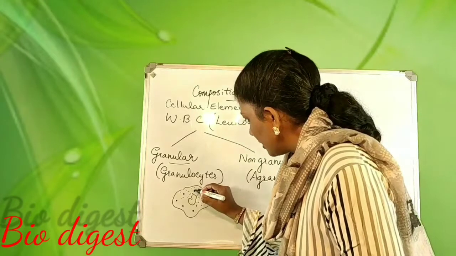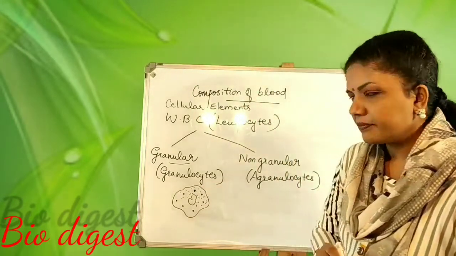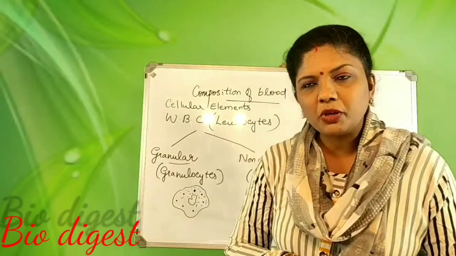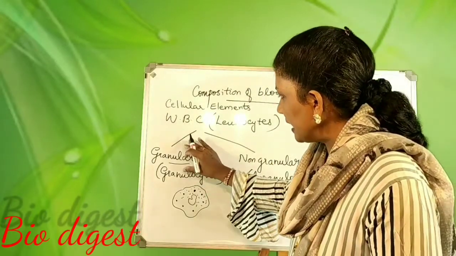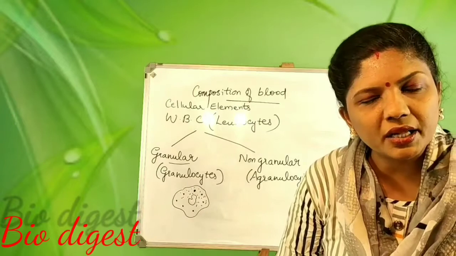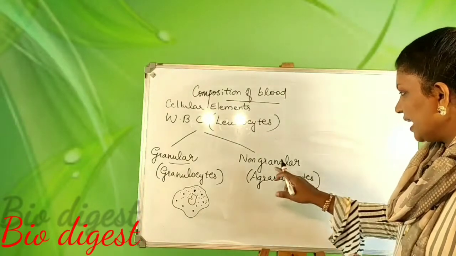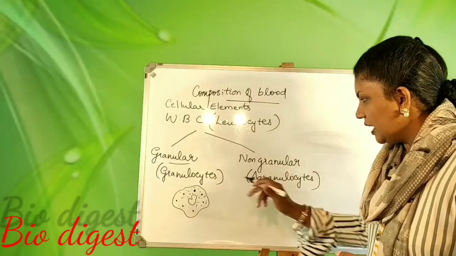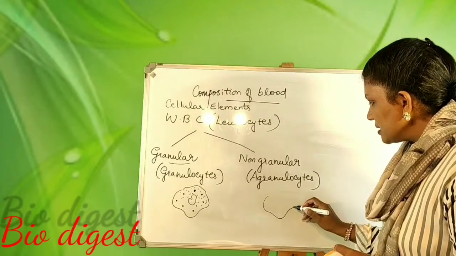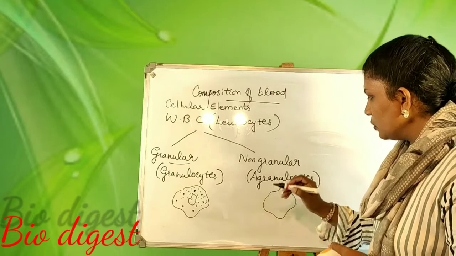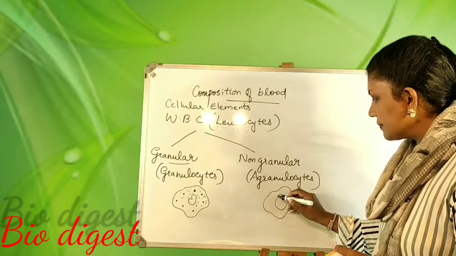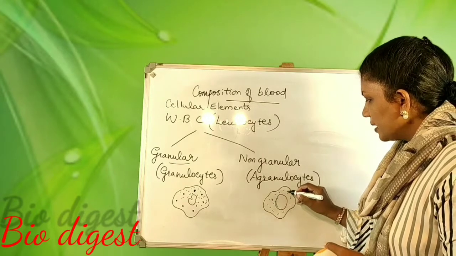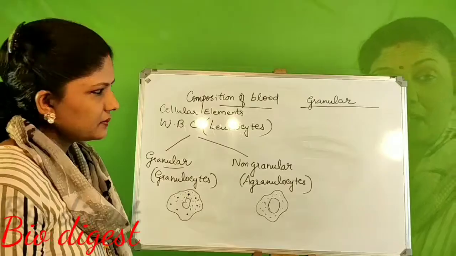Okay, you can see large sized grains. So if granules are present, such WBCs will be coming under the category of granular WBCs. Then what about non-granular WBCs? In non-granular WBCs, these granules will be absent. Okay, only cytoplasm, you can see the cytoplasm.